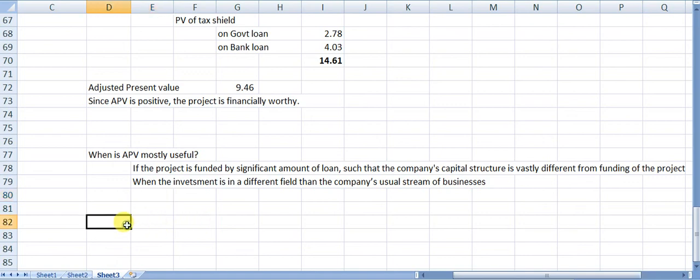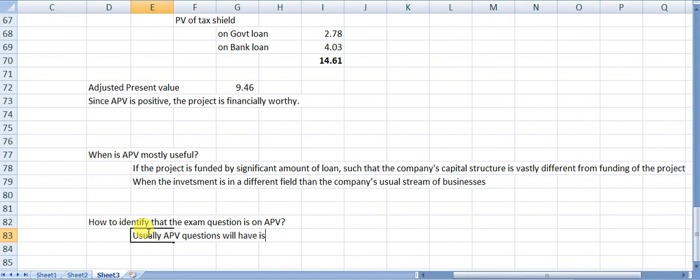Here you go, I give you another clue. How to identify that the exam question is on APV. Usually APV questions will have issue cost, subsidized loan, issue cost and subsidized loan.